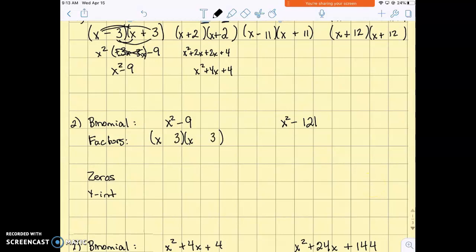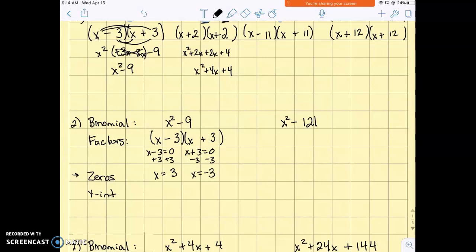And because there is no b value, no value in the middle, it's going to be minus plus. To find our zeros, we have to set our factors equal to 0 and solve them. So I would add 3 and I would subtract 3. So x is going to be 3, x is going to be negative 3.